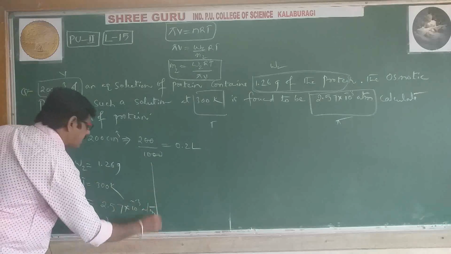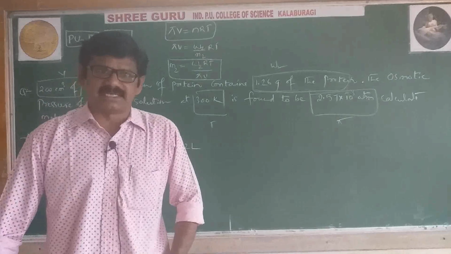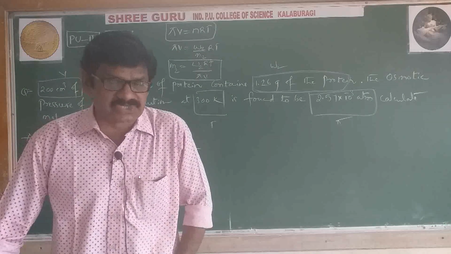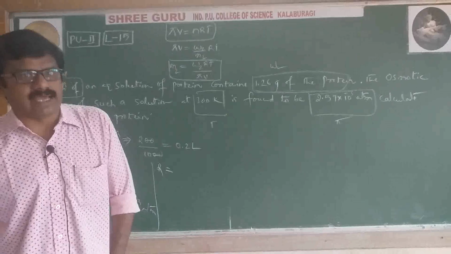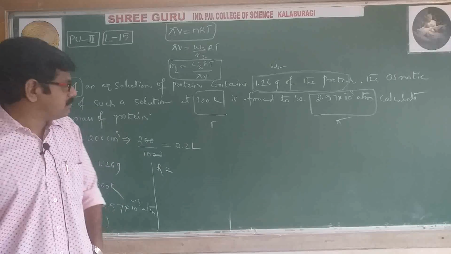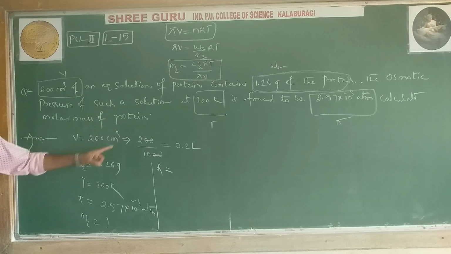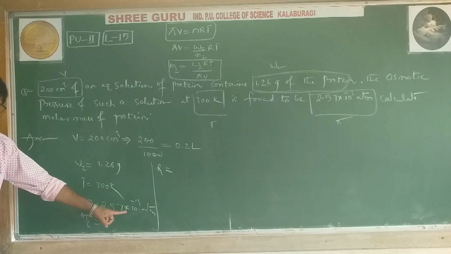One more very important thing is the R value, the gas constant, which we are now using as the solution constant. Which R value do we have to take? We decide based on the given volume units and pressure units.